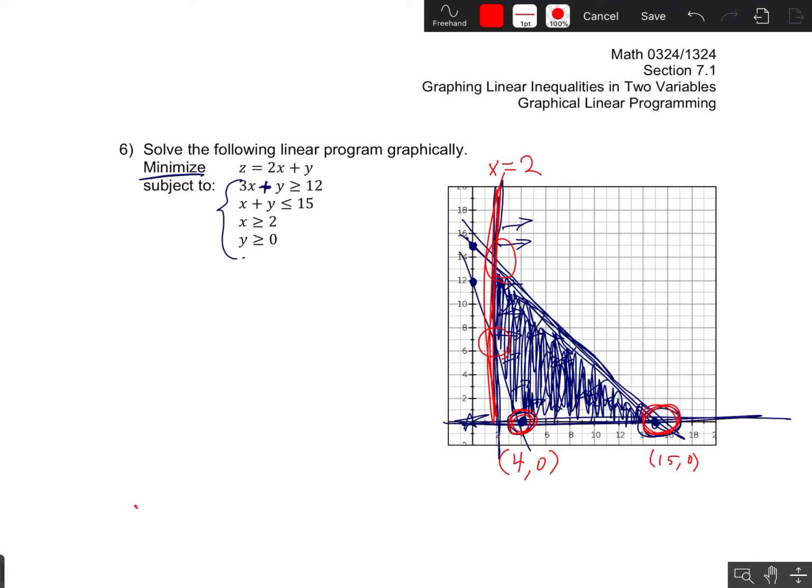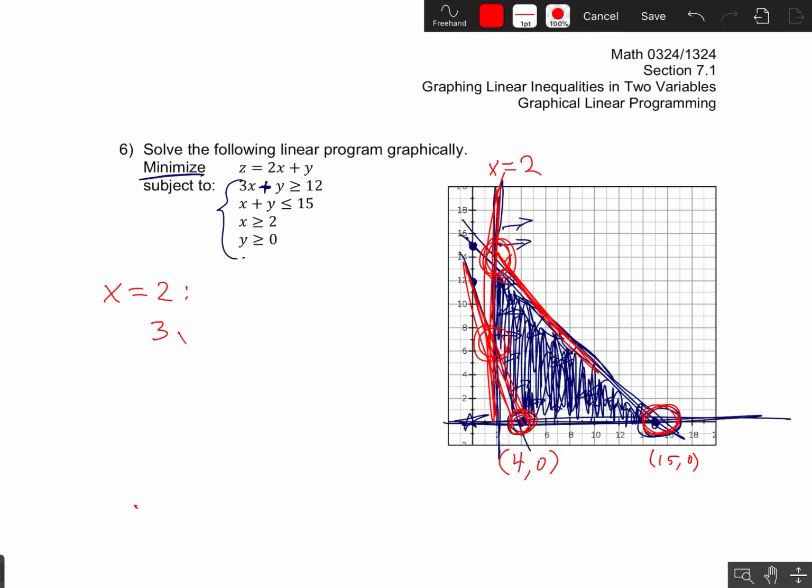So we know that these corner points are at the intersection of this boundary line and this boundary line with the line x equals 2. So in order to find the coordinates of each of these corner points, all we have to do is substitute x equals 2 into each of the boundary lines that we found already.